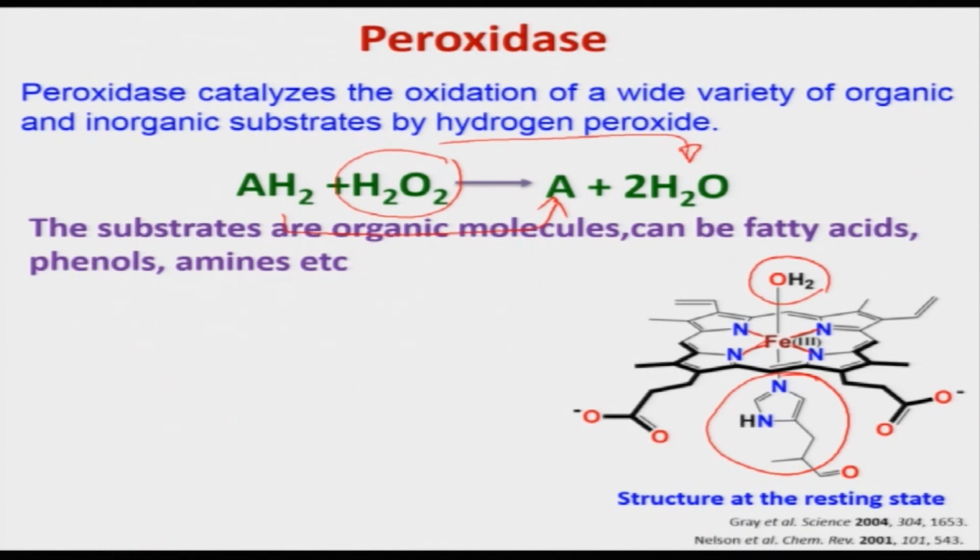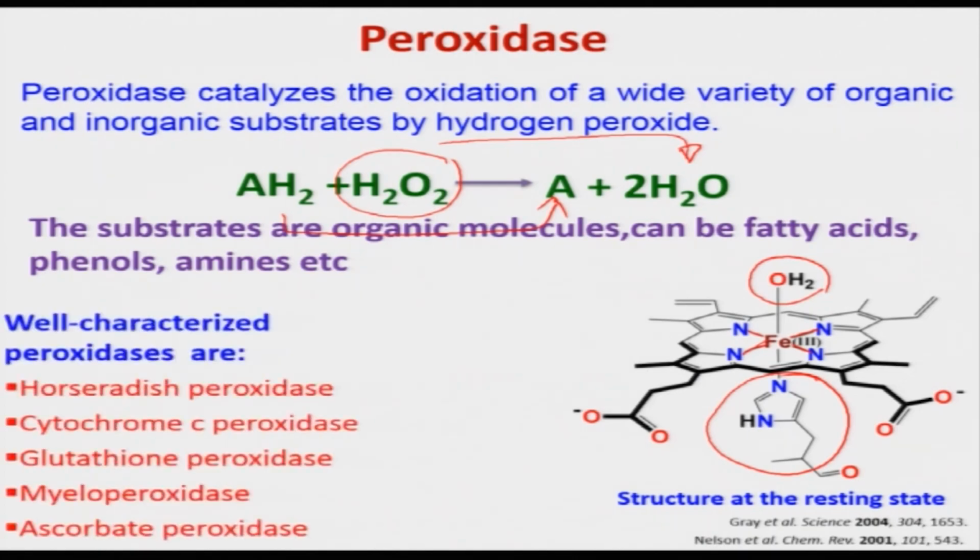Several peroxidase enzymes are well characterized now: horseradish peroxidase, cytochrome C peroxidase, glutathione peroxidase, myeloperoxidase and ascorbate peroxidase. These are all well known peroxidases in the literature today.